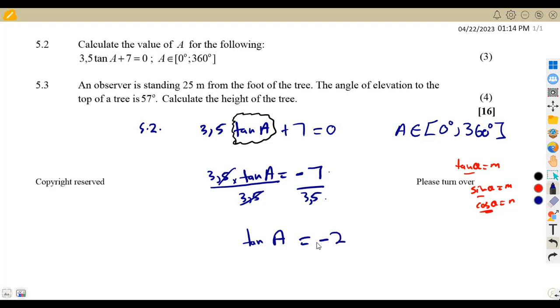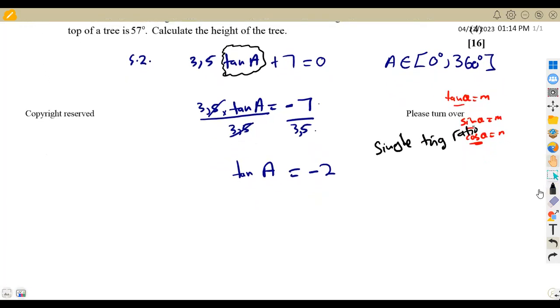So at that stage where you are now having the tan of A as a single trig function, or a single trig ratio, that's where we can determine the reference angle, whereby the reference angle is simply the acute angle that we determine from the arctan of the number that you are given.